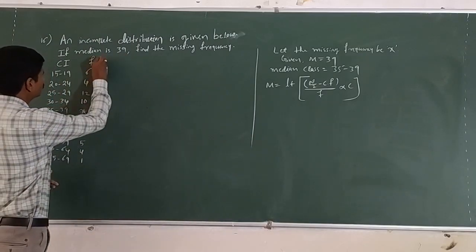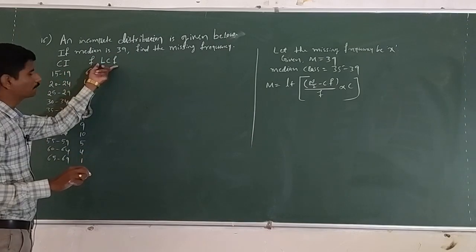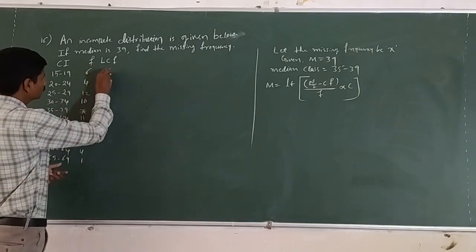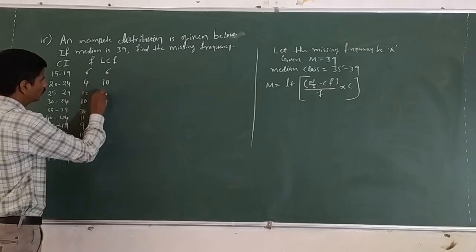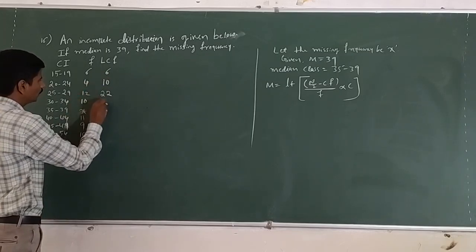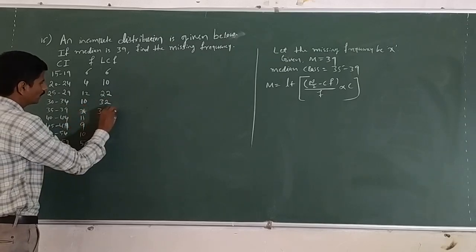The first frequency and the first LCF term are both the same. 6 plus 4 is 10, 10 plus 12 is 22, 22 plus 10 is 32, 32 plus x. You have to write 32 plus x.